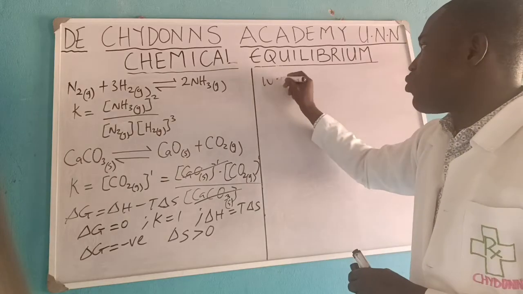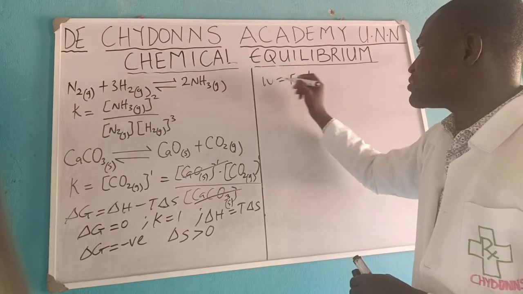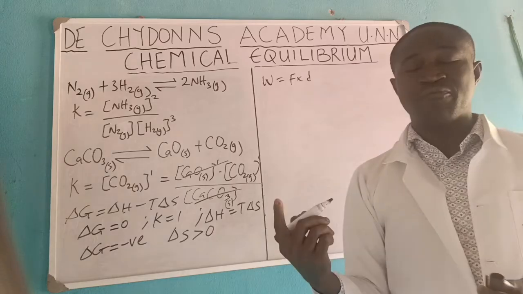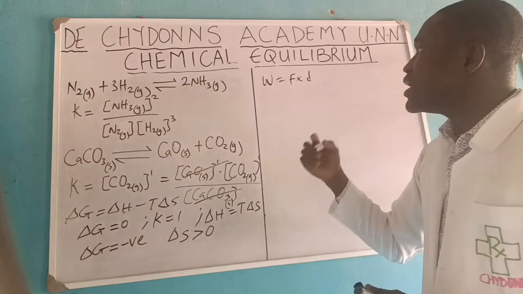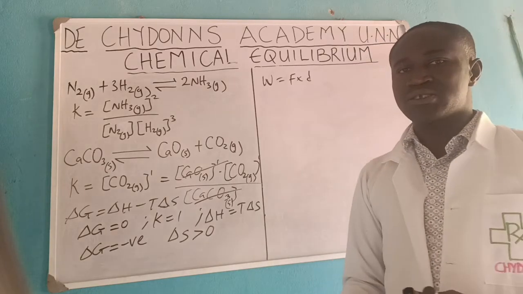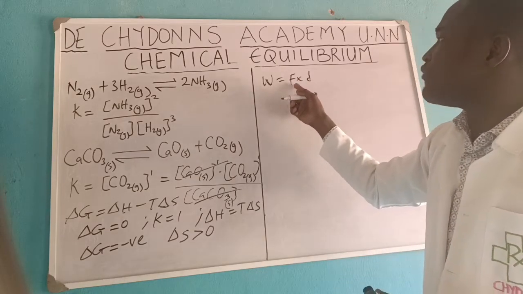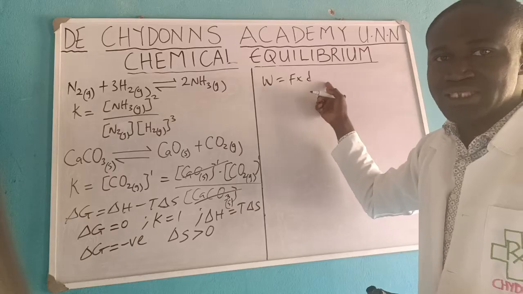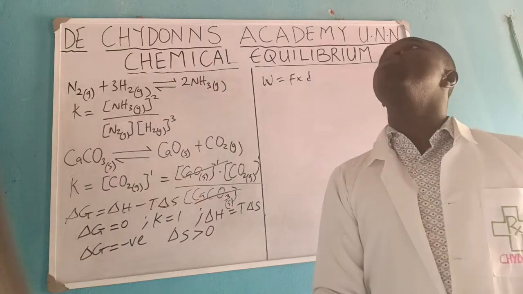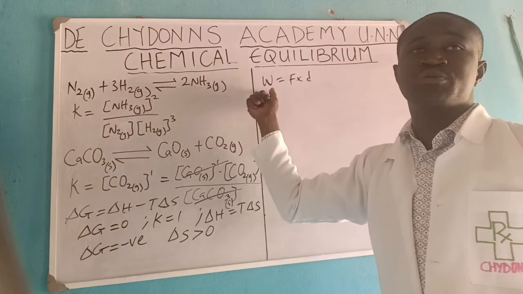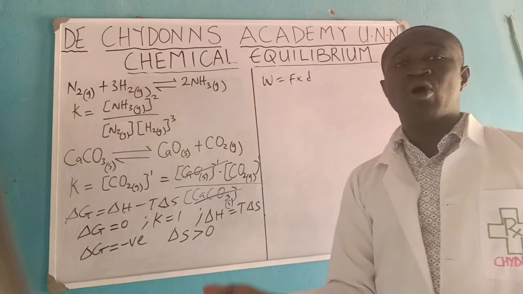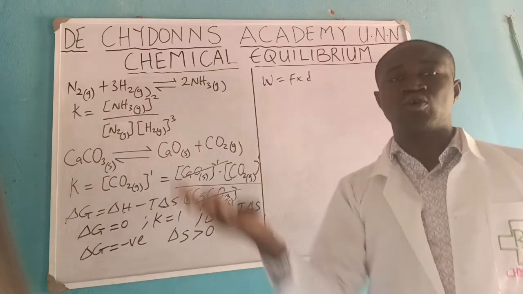We noted that work is equal to force times distance. This is elementary physics. So for this marker to move up, work must be done. That means I must apply energy to it for it to move up.